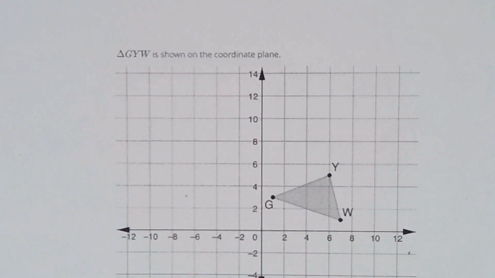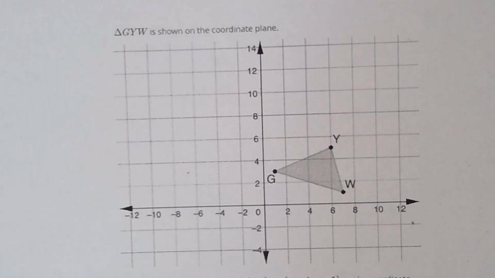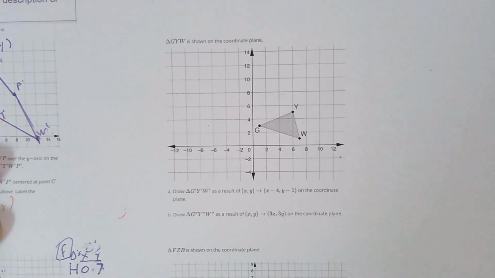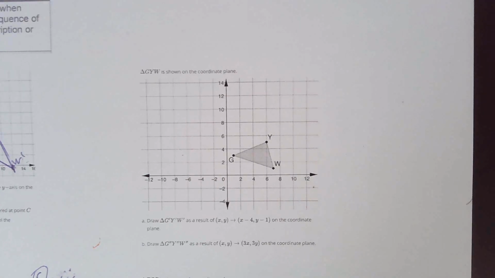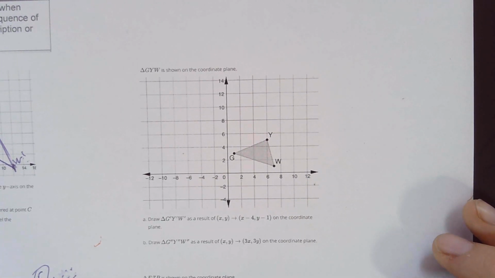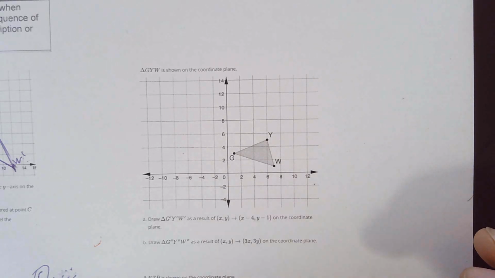So moving on to this one. This one has this little baby triangle here. We're going to translate it, and then we are going to dilate it by a factor of 3.